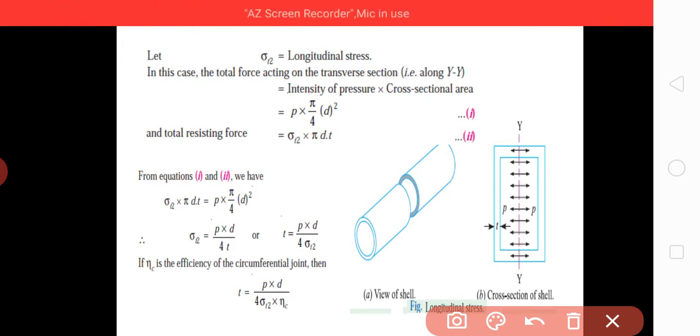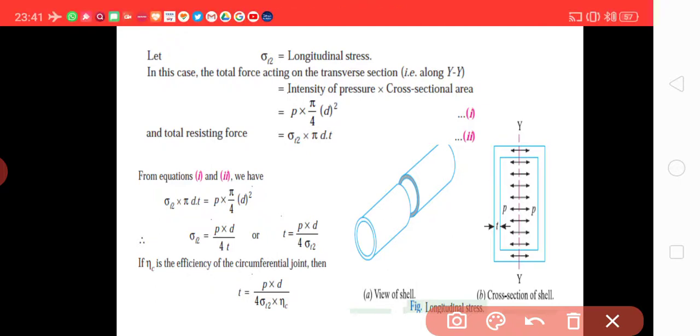So p into pi by 4 d square is equal to sigma t2 into pi d t. On equating these first and second, we come to know that sigma t2 equal to pd upon 4t, or t equal to pd upon 4 sigma t. If eta is the efficiency of the circumferential joint, then t equal to pd upon 4 sigma t2 into eta C.